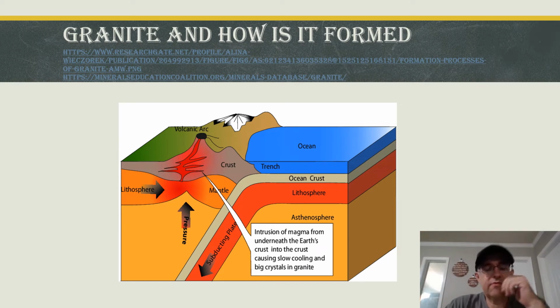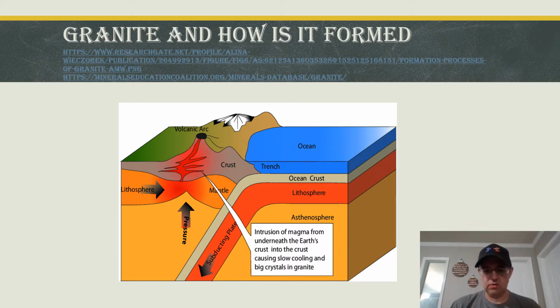Granite and how it's formed. I put two different links in the box right here. One's for the picture and one is for where I got the information that I'm about to tell you all about. Granite is an igneous rock. It's formed from cooling magma, and once that magma reaches the overlying rocks, it cools.